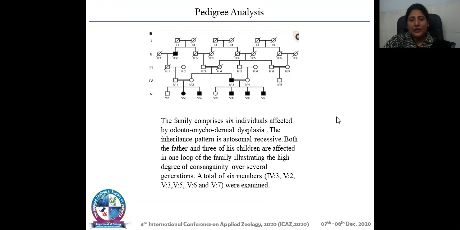The family that we had spanned 5 generations, and there were 6 individuals affected by Odonto-Onycho-Dermal Dysplasia, and the inheritance pattern was autosomal recessive. The degree of consanguinity was very high in this family.